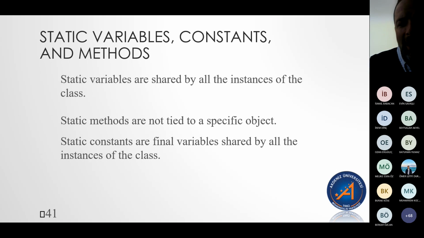Non-static methods, you have to create an object of that type to use. Static constants are final variables, so we'll use the static modifier for a constant, a value that does not change. We talked about constants last semester as well, and they're shared by all the instances of the class. We'll see some examples of that in the next set of slides.